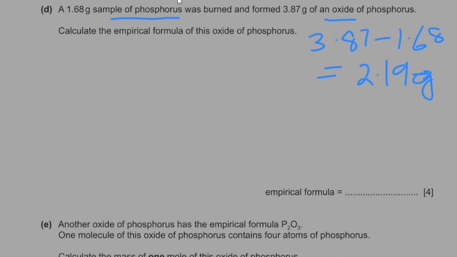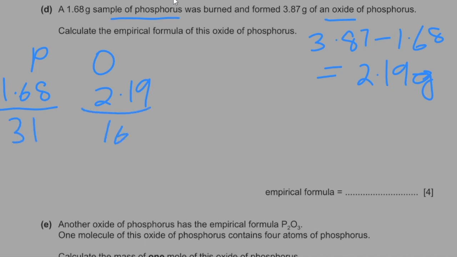So I'll start by writing the symbols of the elements in the compound. Then we have the mass over here, followed by calculating their moles. So I'll divide the mass with their relative atomic mass, which is 31 for phosphorus and 16 for oxygen. And this gives the answers as 0.0542 and 0.136, three significant figures over here.